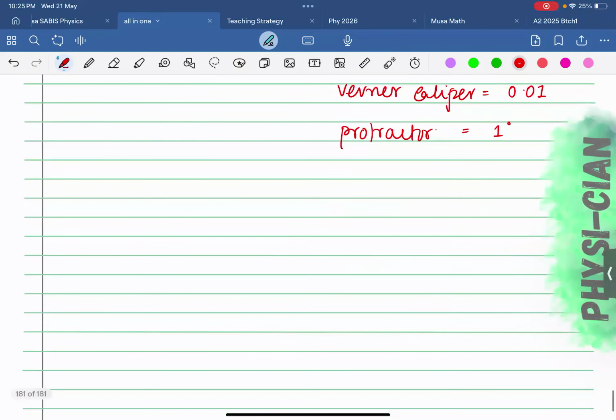Now in question one, there will always be a part that asks you to set up the experiment at a specific position and find a specific value of, let's say, time if you're doing oscillation, or current if you're doing electricity.